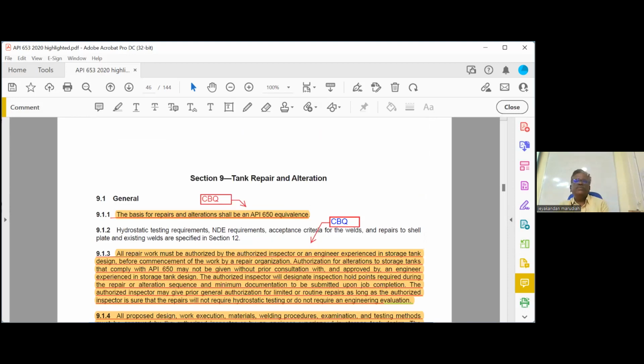Now, replacement plate. First we are going for the shell replacements. We are cutting to replace a plate. First one, what is the shell replacement? First condition, what is the minimum size of the replacement plate?